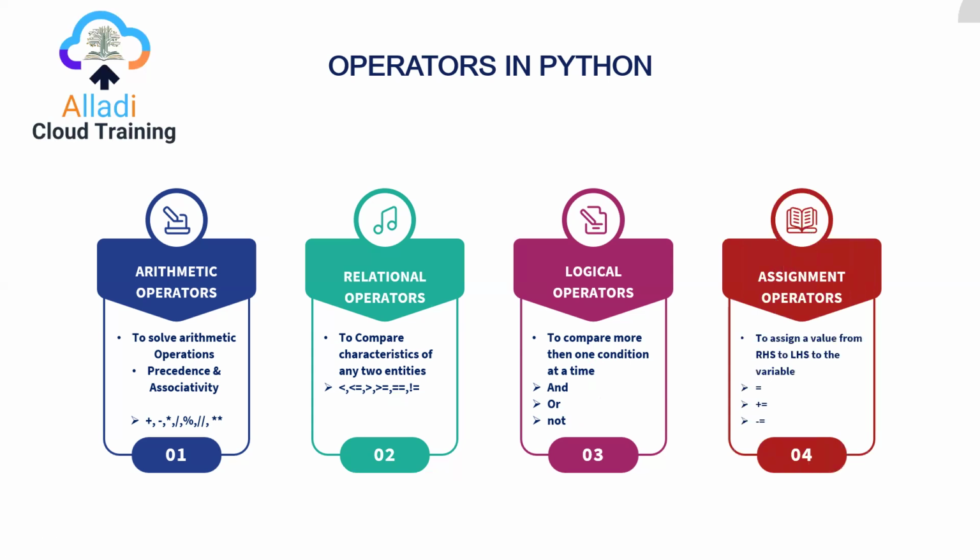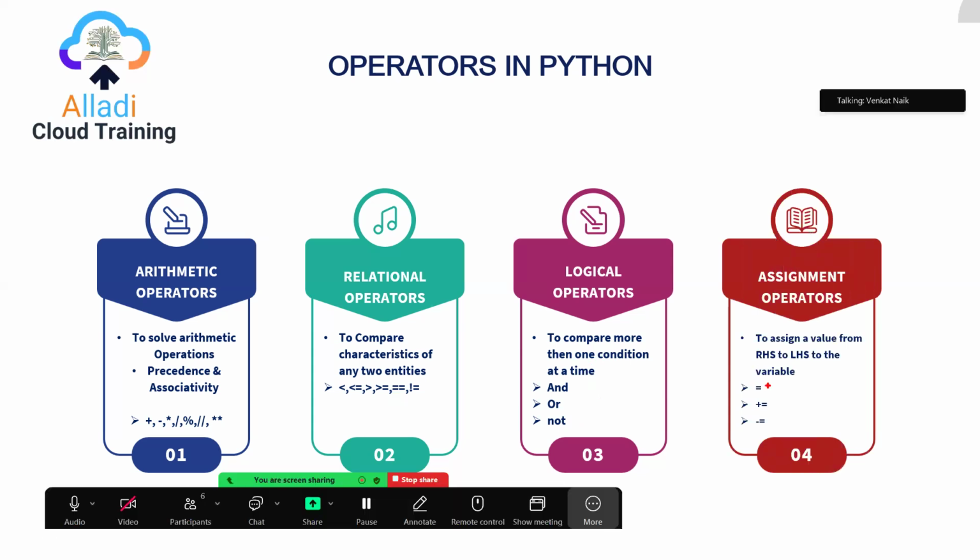Coming to assignment operator. The equal operator is called an assignment operator. The double equal operator is to compare whether two values are equal or not, less than or greater than, like that. Whereas the single equal operator assigns a value from the right hand side to the left hand side. Suppose I tell you my name, how do you remember? Venkat is my name, equal to, my phone number is this.